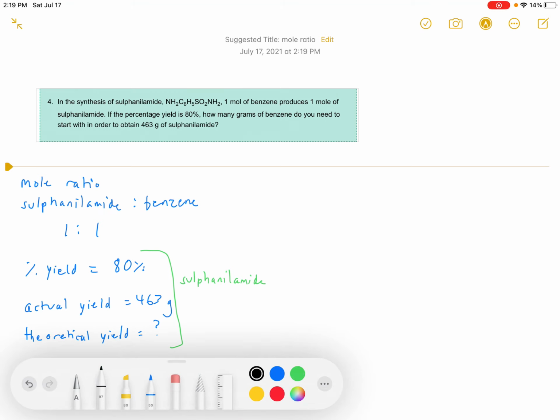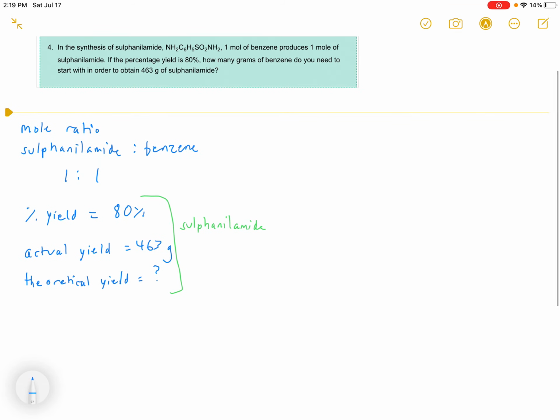All right, so we're dealing with percent yield and actual yield and theoretical yield. And the question is asking us for the theoretical yield of sulfanilamide. The reason why we know it's theoretical yield is because it says how many grams of benzene. So if we want the mass of benzene, that's kind of our final unknown.